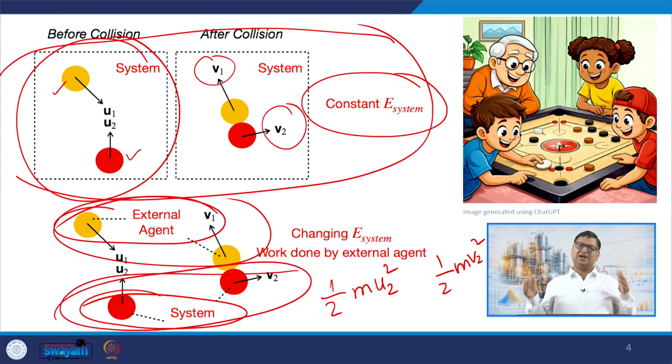So, we have to have a clear definition of that surrounding or the external agent which is doing something on the system, right? At the same time, the system itself can do some work on the surrounding, and that also has to be defined in a proper way by defining the system and surrounding properly.